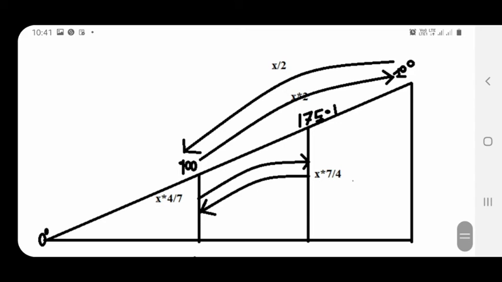Just suppose it. From the American scale, if you want to convert to Gay-Lussac, you have to divide by 2. Then you will get the value in Gay-Lussac. I hope you are getting it.